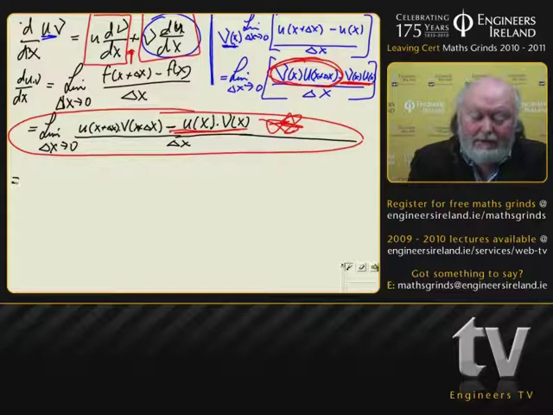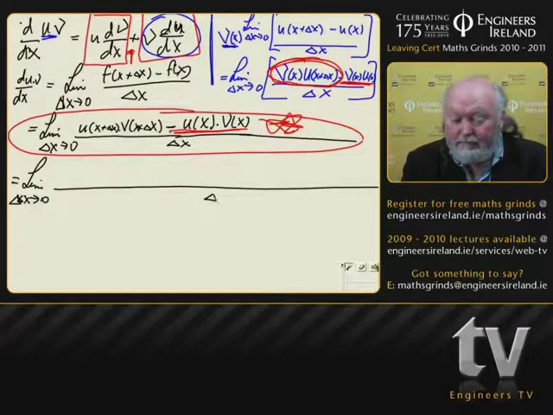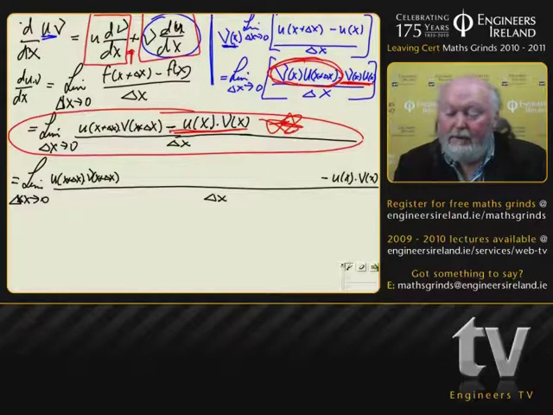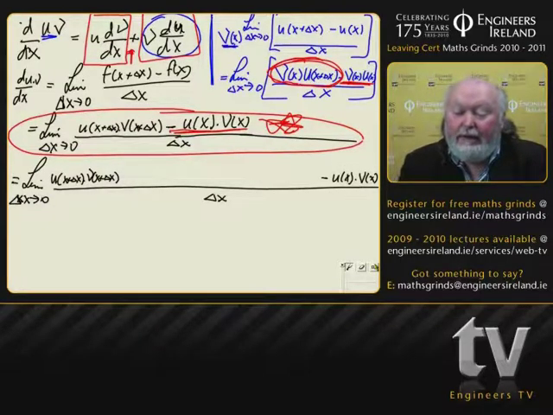So we'll say this is equal to the limit as delta x goes to 0, and now we'll go u of x plus delta x. And we'll go to the very back now. And we'll add in what we need. We'll add in this thing.